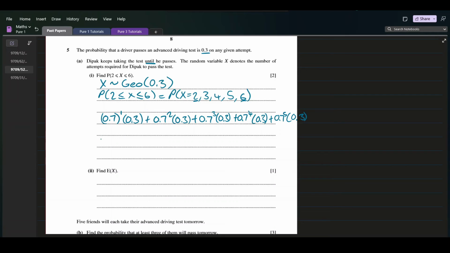And now let's punch this into the calculator. So that would be our answer for the probability that x is between 2 and 6 inclusive.